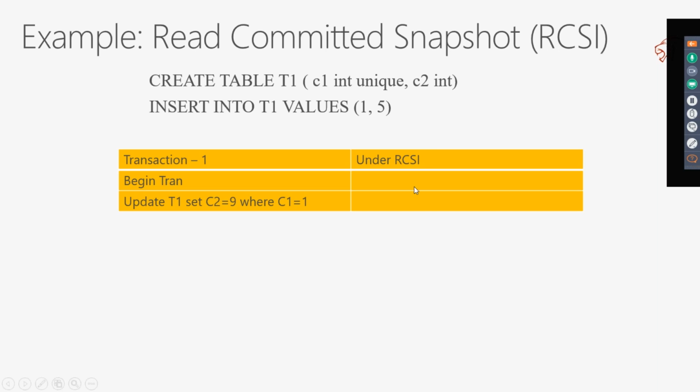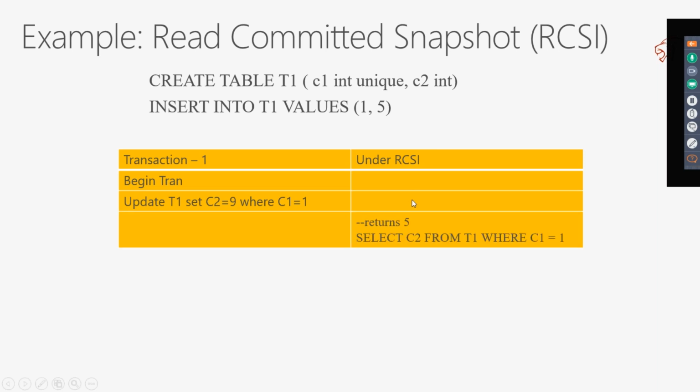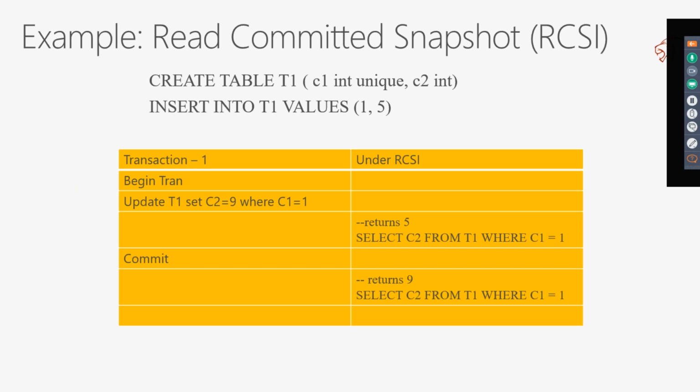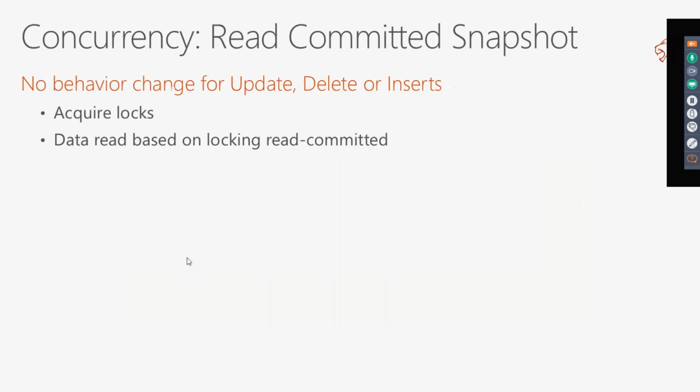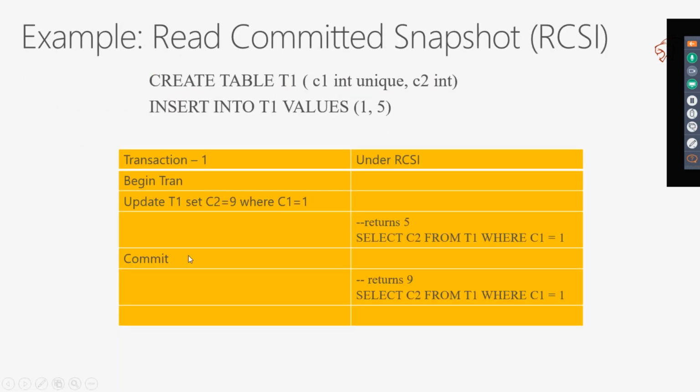Now if I run under RCSI and I run the query SELECT C2 FROM T1, it will return 5, because that was the value of C2 before it was updated to 9. Once transaction 1 commits, if I run the same query again, I will get 9, because now the new committed version is the latest version.